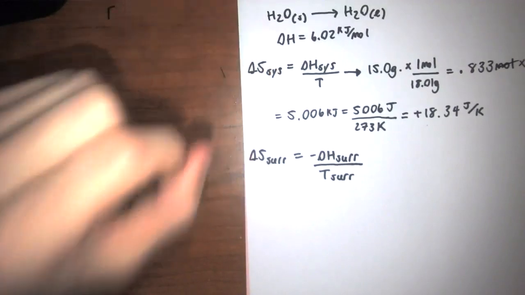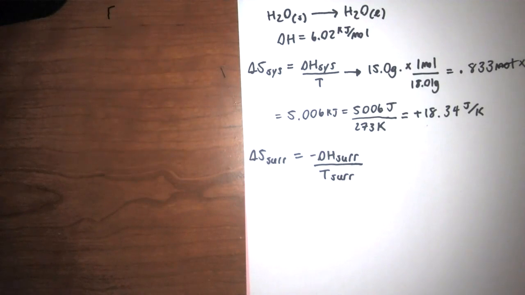Well, the ice was at 0 degrees Celsius, right? Let's think in terms of Celsius, because it's a little easier. We know more Celsius than Kelvin. So if the ice was at 0 degrees Celsius at first, and we place it in room temperature, is the ice giving off heat or is it gaining heat? Well, it's going from a solid to a liquid, which is melting, and we know melting requires heat, right?